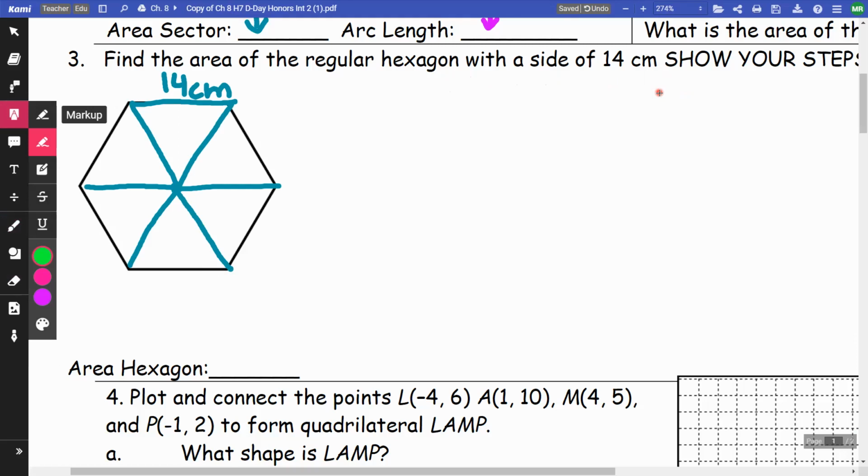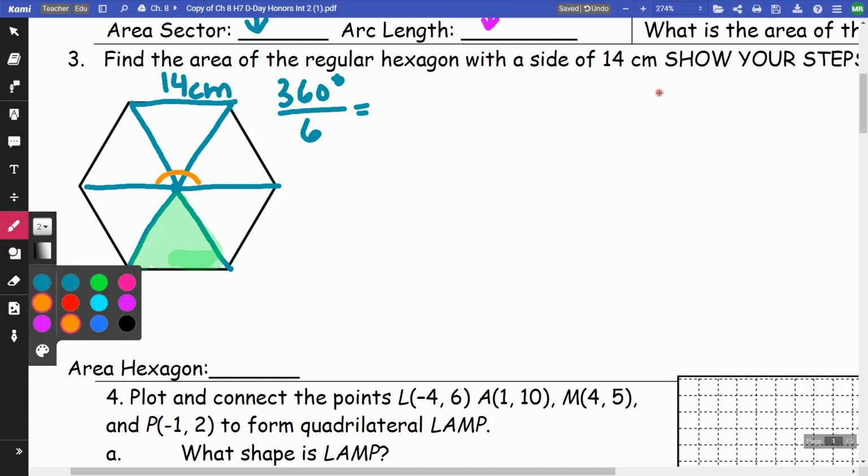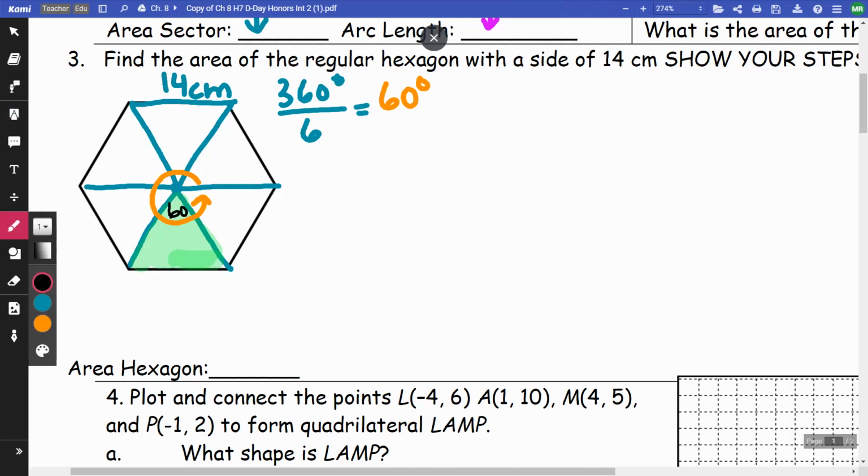These are equilateral triangles because when I take 360 degrees and divide it into 6 equal angles, as I go around here, I end up getting 60 degrees. So each of those central angles there is 60 degrees.